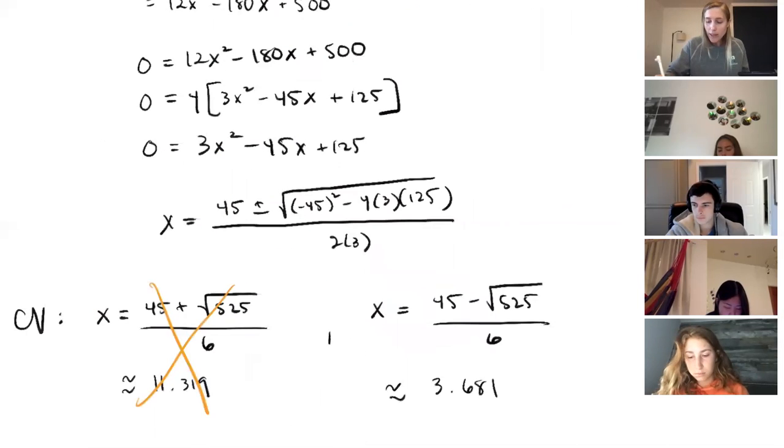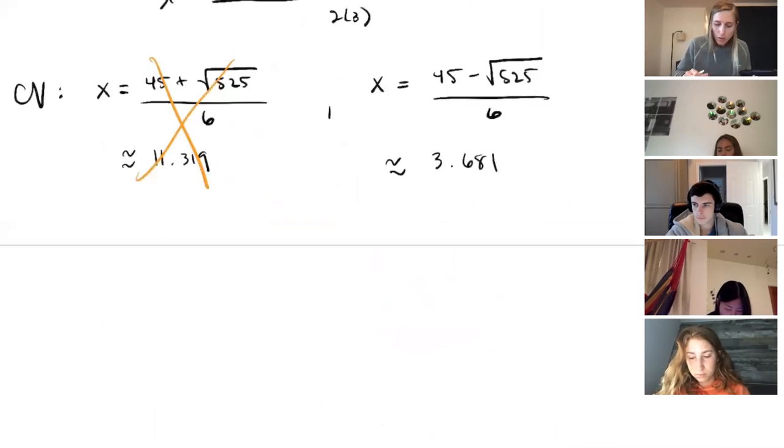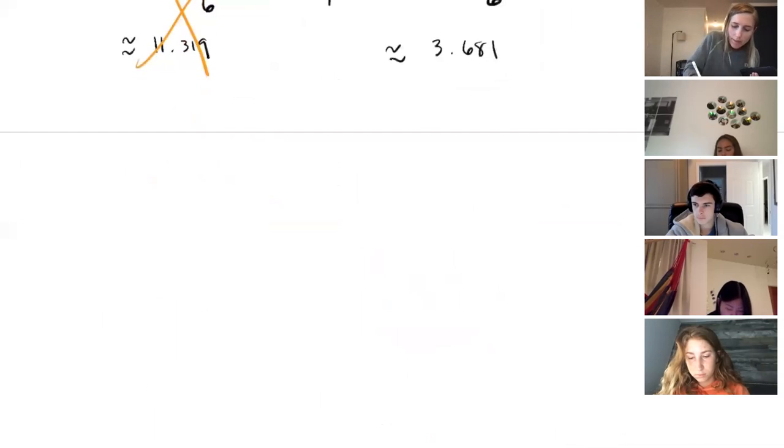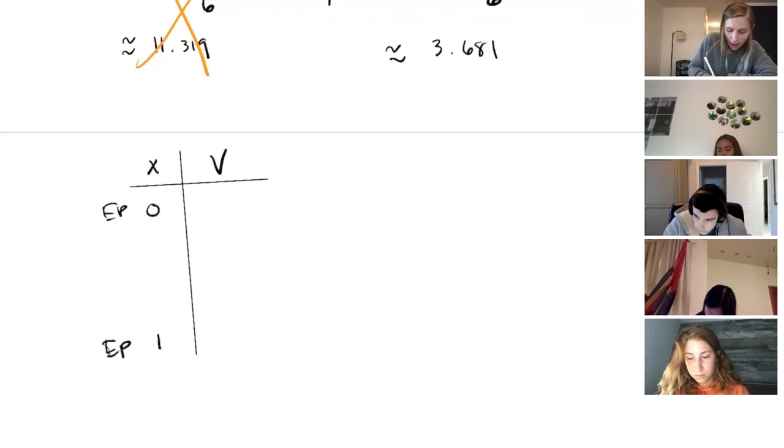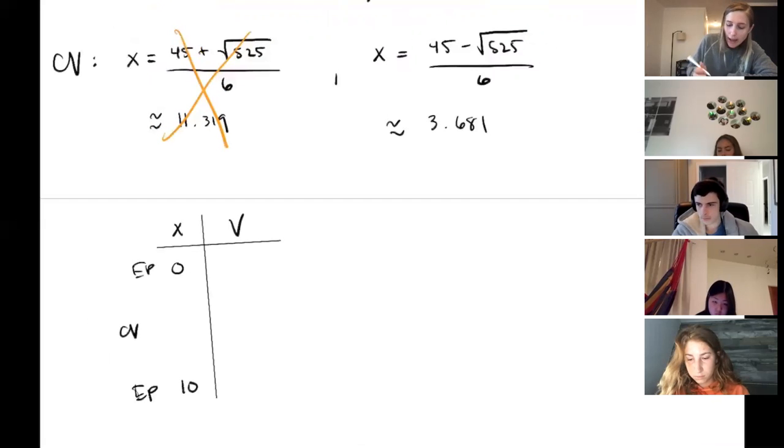So then when we do our table, I'm going to give myself an extra page just so I'm not scrunching everything. When we do our table, to see what would give us the largest value, right? We use our endpoint of 0, our endpoint of 10, and then our critical value, use the exact value.